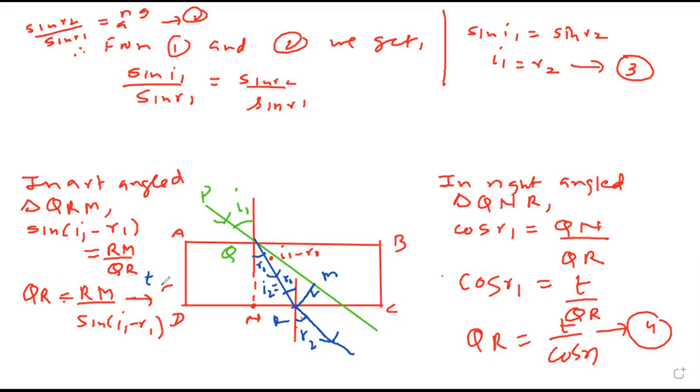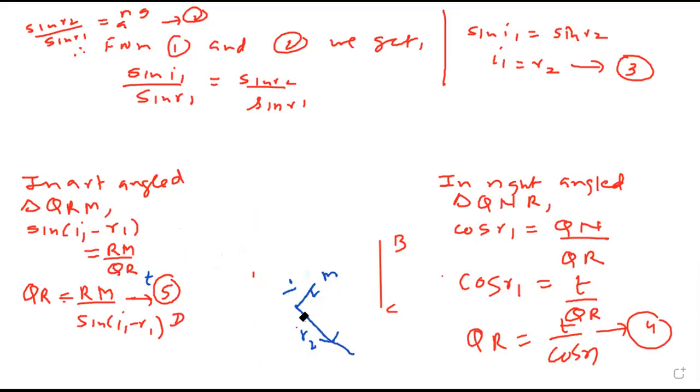Just copy this much, then in one line we'll get the required answer. So we got QR in the first right angled triangle. In the second right angled triangle we also got QR. Now we are interested in RM.